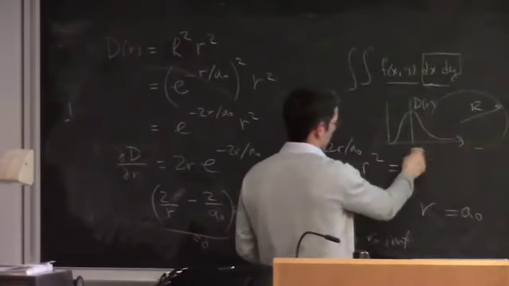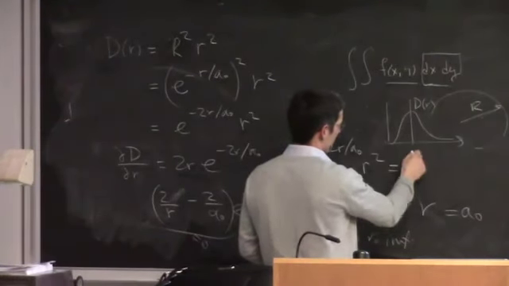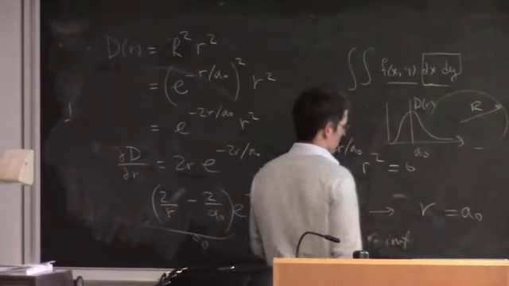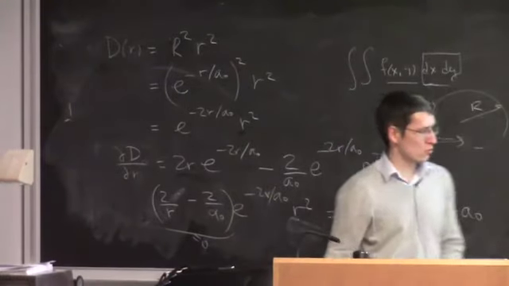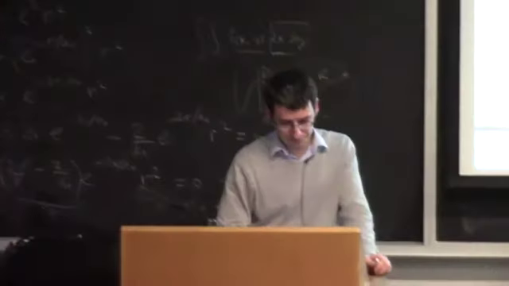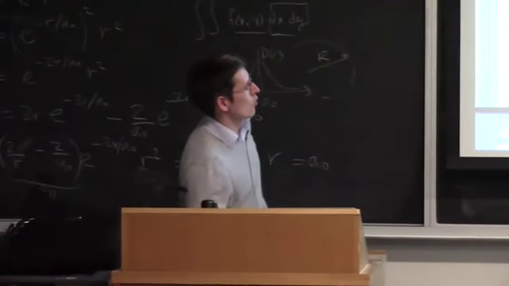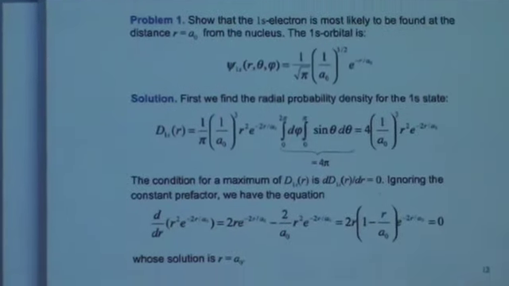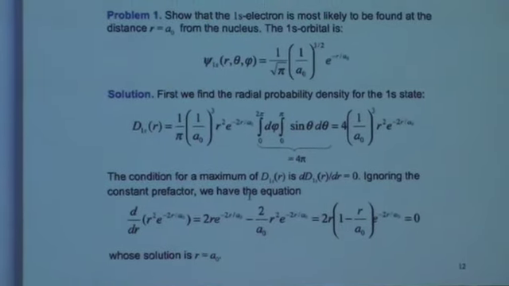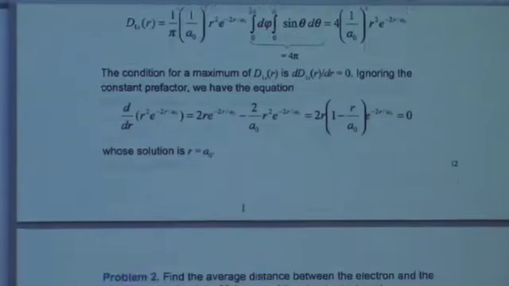So the point is somewhere in a finite region, so based on this consideration it should be at a0, and that's the solution in the notes, right? At the same distance.